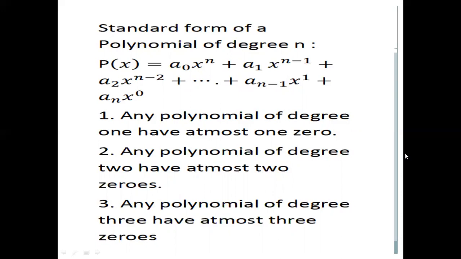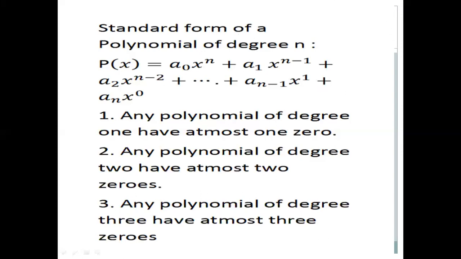When you observe here, the suffix of the coefficients, 0, 1, 2, 3, 4, is increasing, whereas the powers of x are slowly decreasing. Finally, at the last, the power of x is 0. That means x power 0, its value, you know, is 1. That means the last term is always the constant term.